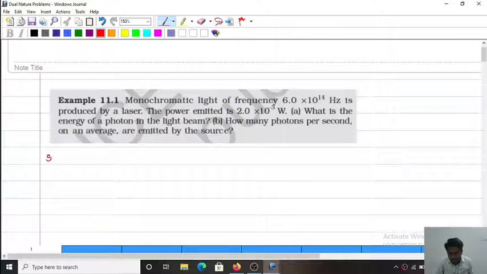Solution to the first example problem. This is an example problem from the textbook. So what is given?